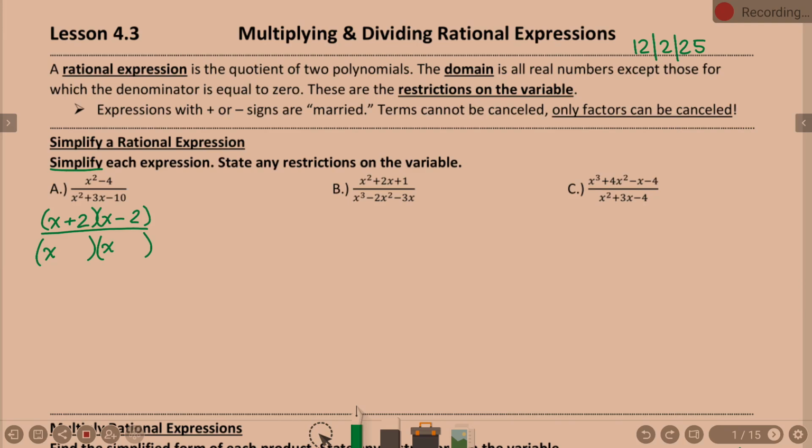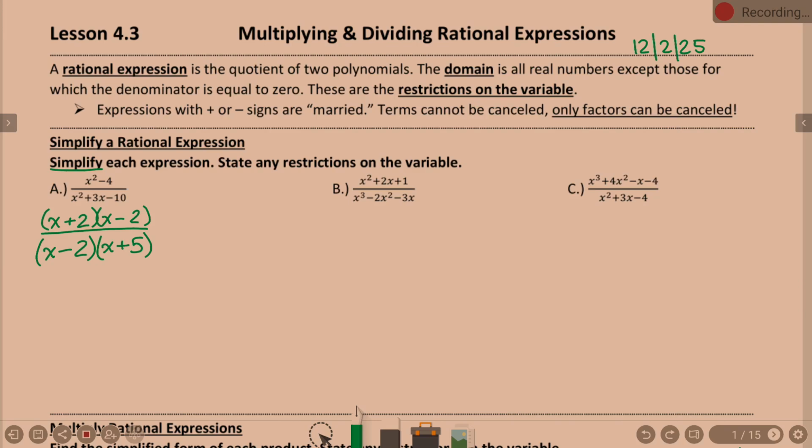Then we need two numbers that multiply to be negative 10 and add to be 3. It's a combination of 2 and 5. Since it multiplies to be negative, you need a positive and a negative. Since it adds to be positive 3, we want the 5, the larger number, to be positive, and the smaller number to be negative. Your first step in everything you're doing today is factoring.